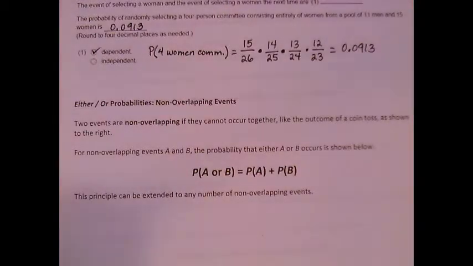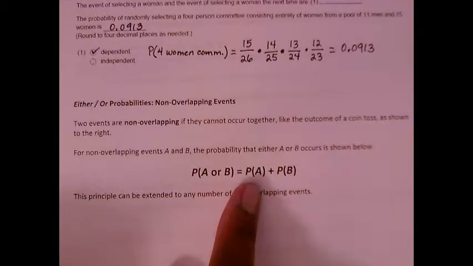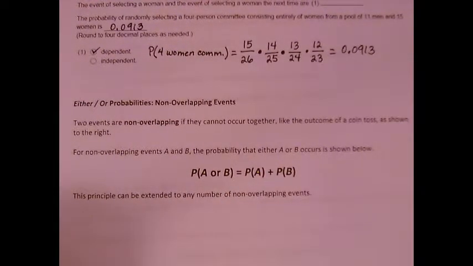Now, for non-overlapping events A and B, the probability that either A or B occurs is shown below. Here, the probability of A or B will be equal to the probability of event A plus the probability of event B. Now this principle can be extended to any number of non-overlapping events.